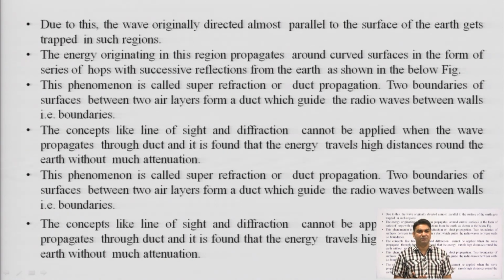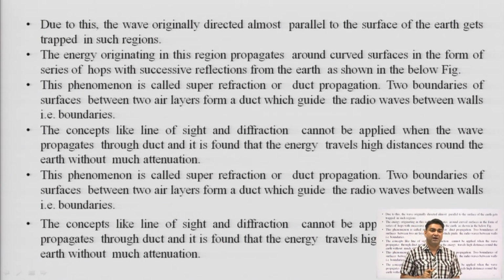Due to this, the wave originally directed almost parallel to the surface of the earth gets trapped in such regions. Temperature inversion is also a very important concept in duct propagation. As we know, when we go in the upward direction in the atmosphere, temperature decreases very rapidly, reaching up to minus 52 degrees Celsius at the highest height of the tropospheric region.